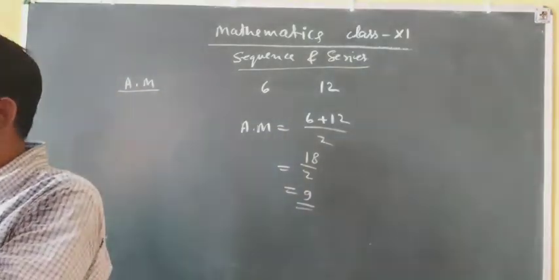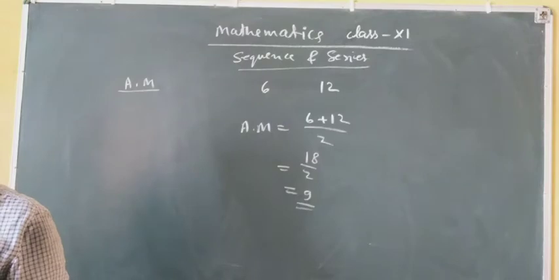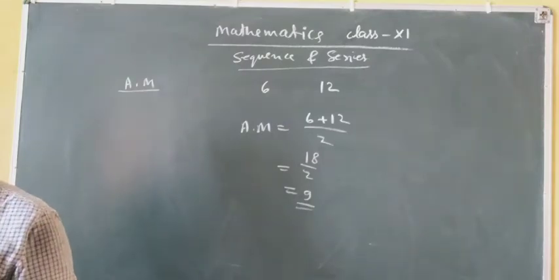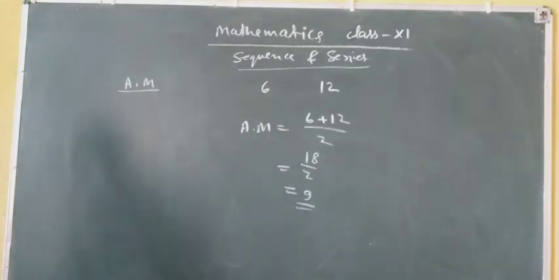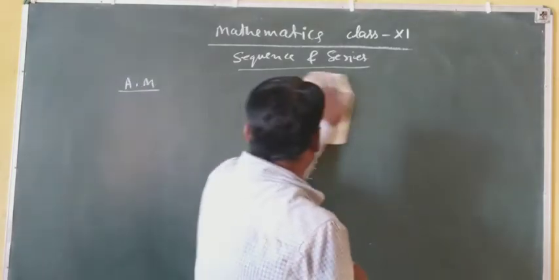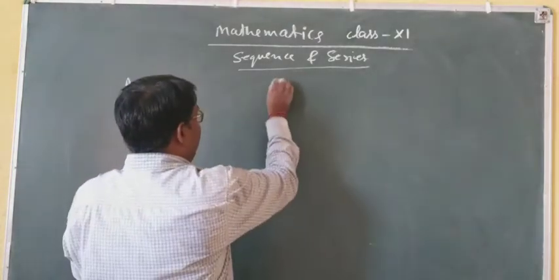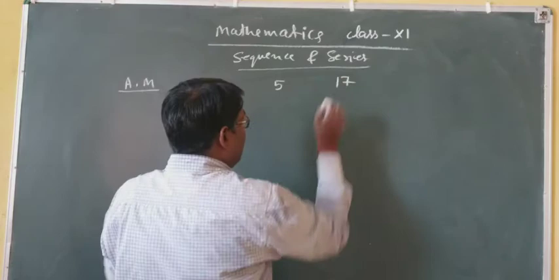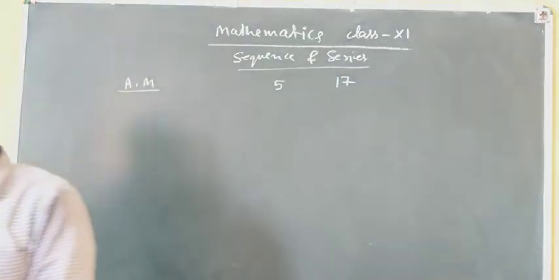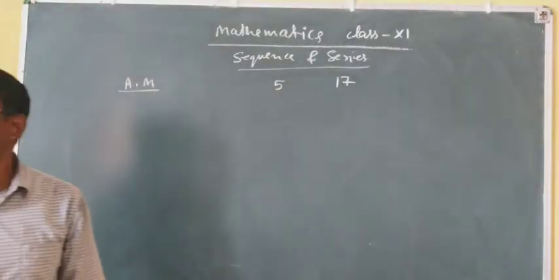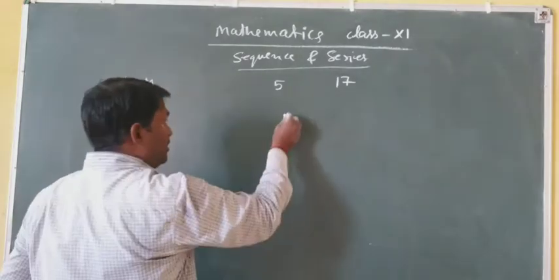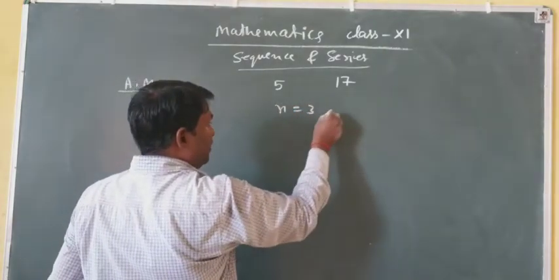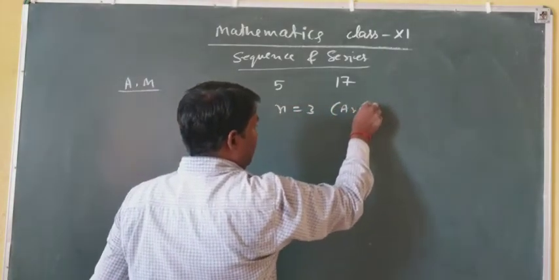And next, insert 3 arithmetic means between 5 and 17. Another question is, you are given 5 and 17 and you have to insert 3 arithmetic means between these. Here n is equal to 3.